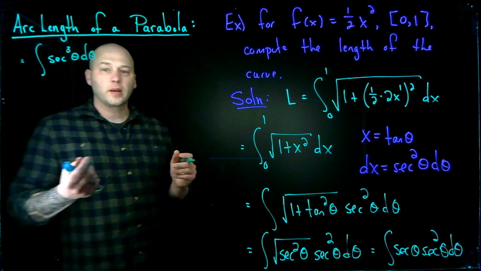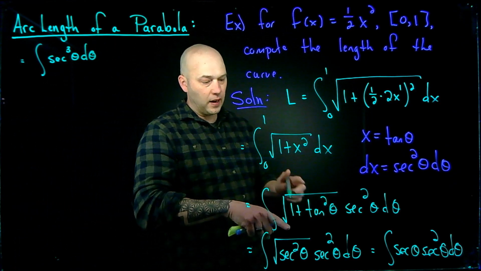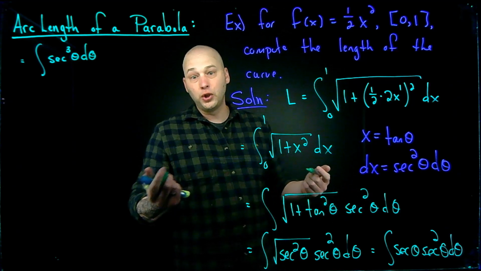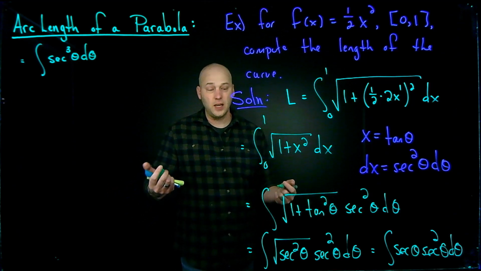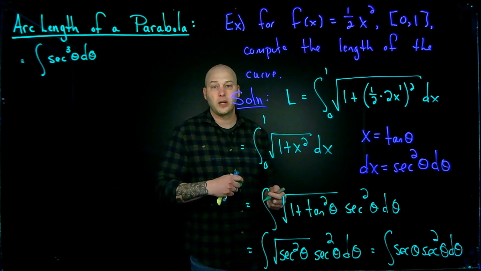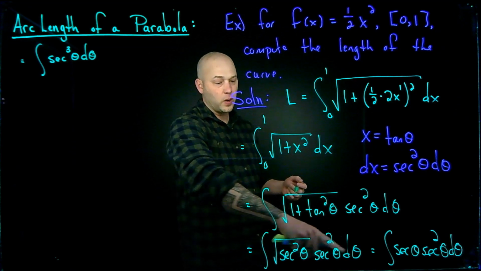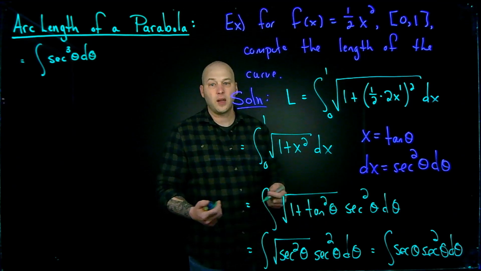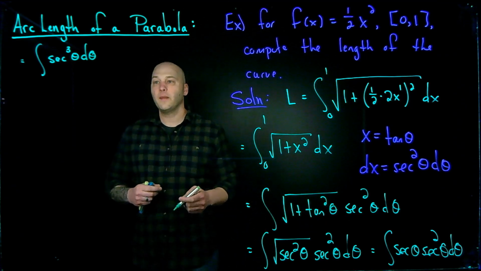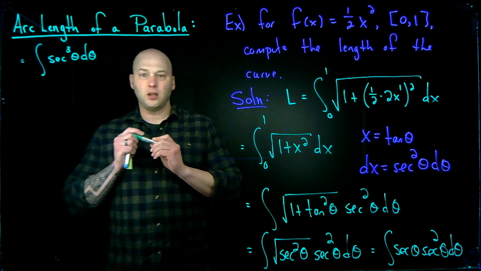Now I'm going to make a quick comment over here. I did leave that part off. If you do want to see a verification for that, comment below and I'll create another video showing the verification that the square root of the secant squared is the secant theta without the absolute value bars. All right, so now I've got the integral of secant cubed.